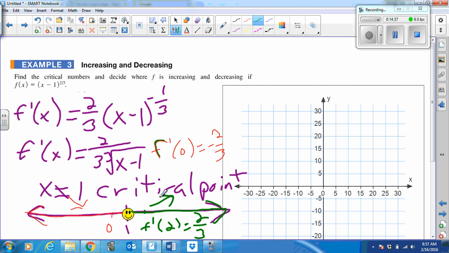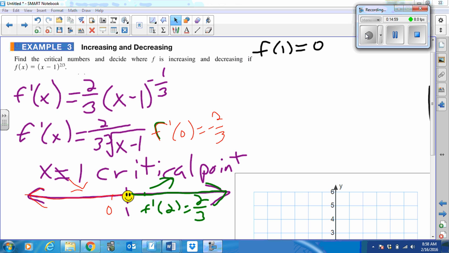And so to find some points on this original function without using our graphing calculator, the first thing we're going to do is we're going to look at what's happening in the function when we plug in that critical point, because it's not undefined there. And so when we plug in f of 1, the output is 0.